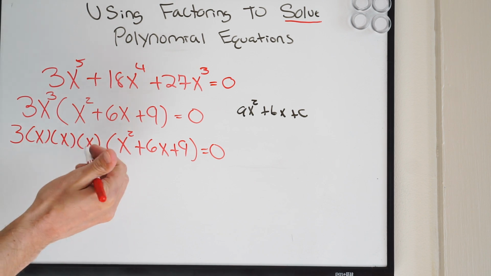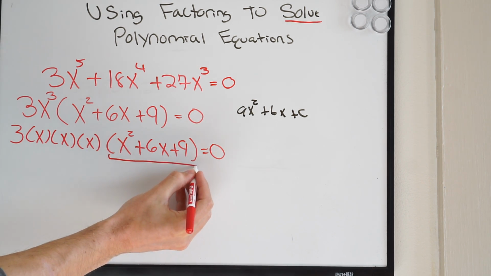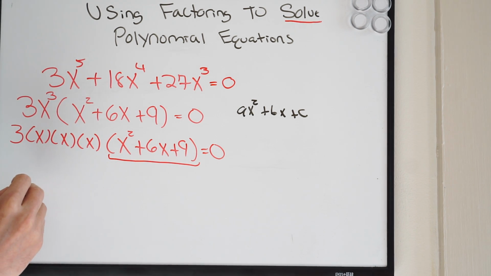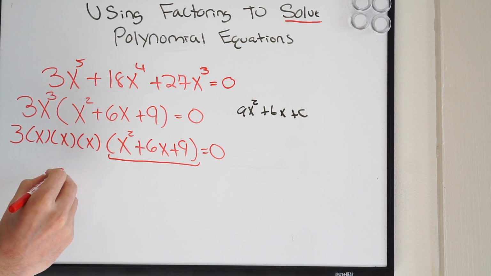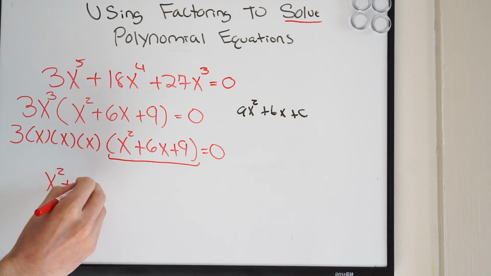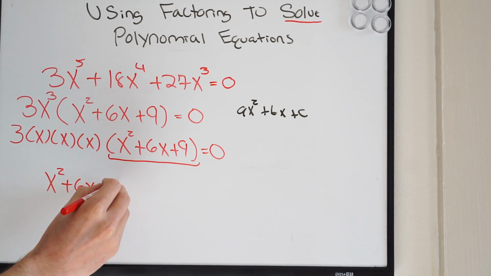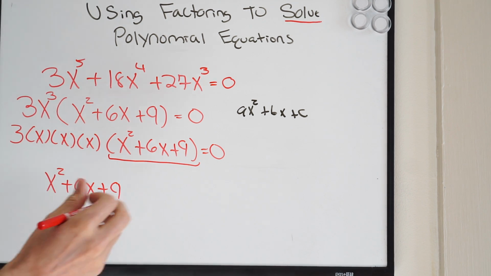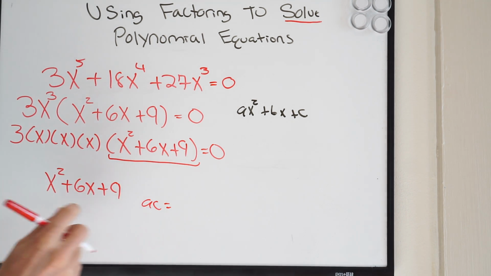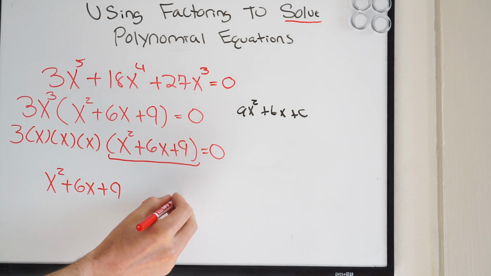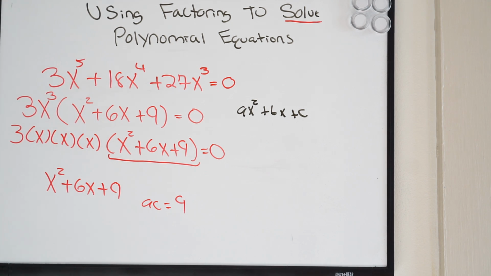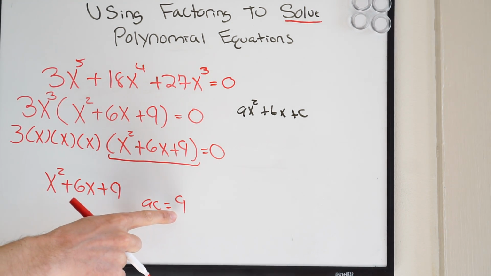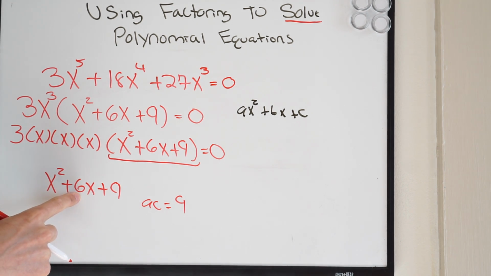So just looking at this part right here, let's bring this down and work on it. We'll have x squared plus 6x plus 9. If I do a times c, I get 9, 1 times 9. And then you say to yourself, what two numbers multiply to 9 but add up to 6? Well, that's going to be 3 and 3.